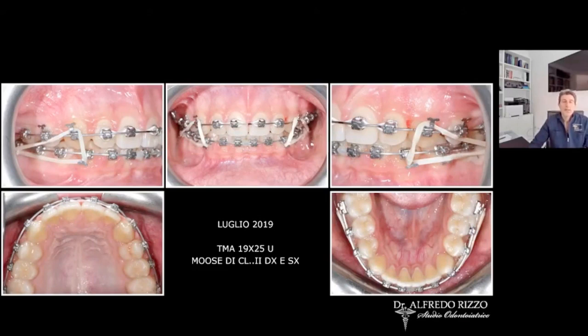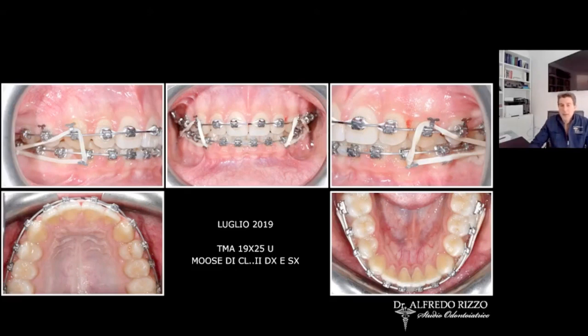In July 2019, we have a correct intermaxillary position. We only need to improve the midline and contacts.